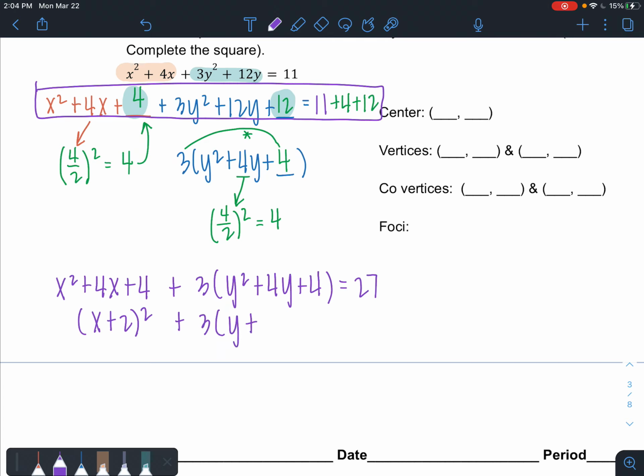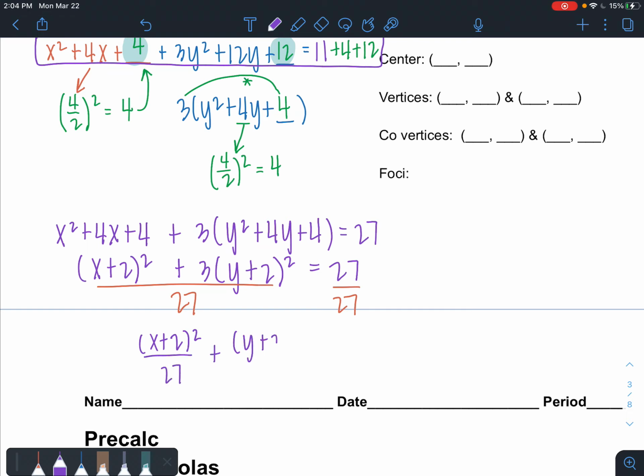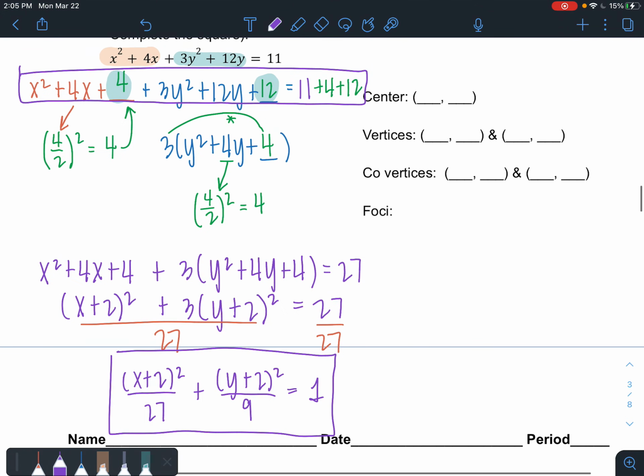And this one is y plus 2 squared equal to 27. And then if I divide everything by 27, then I get x plus 2 squared over 27 plus y plus 2 squared over 3 over 27, which is 1/9, equals 1. And so now it is in the standard form.